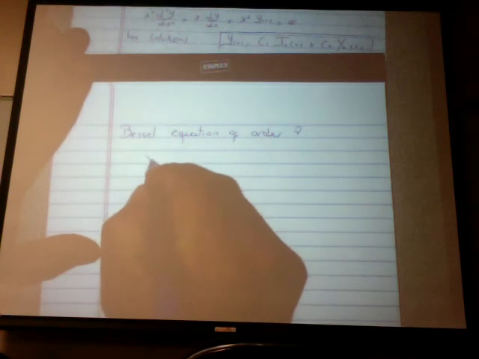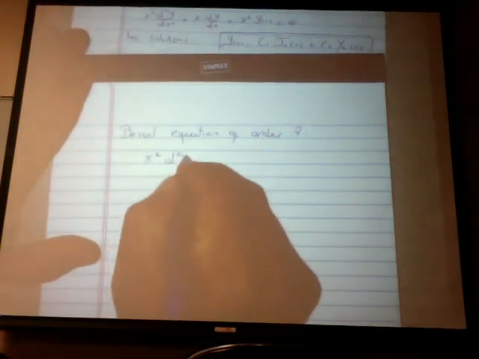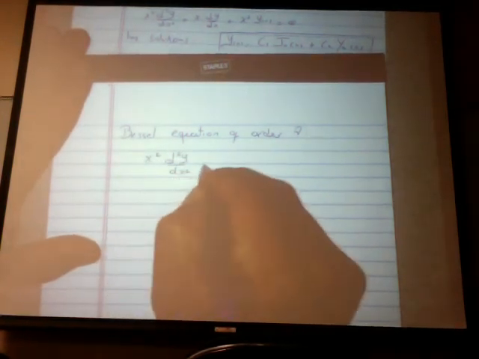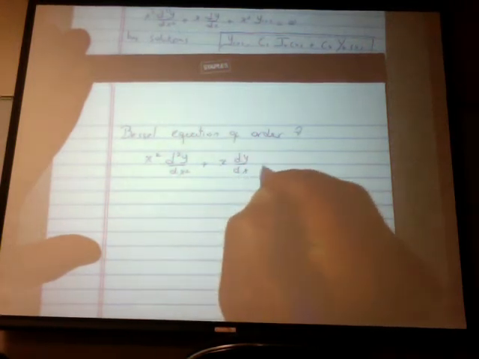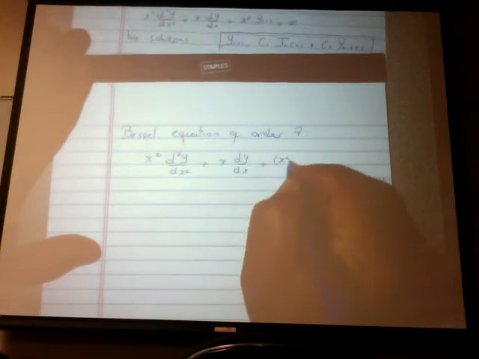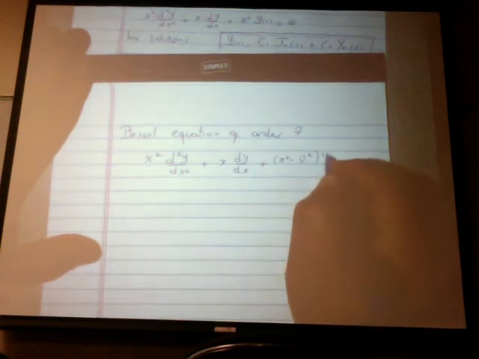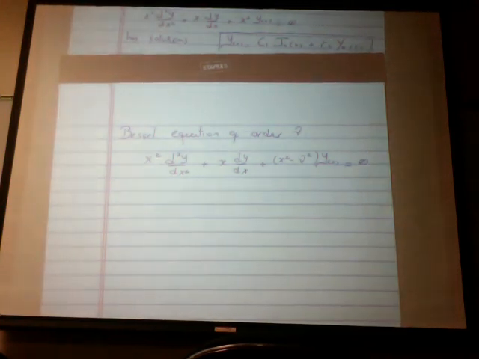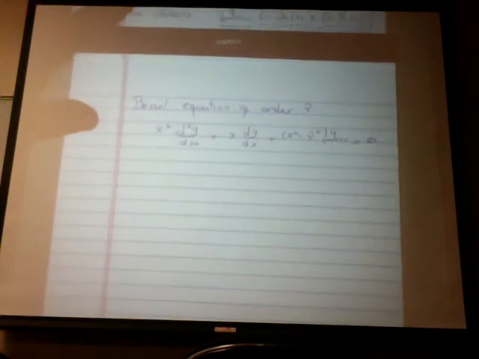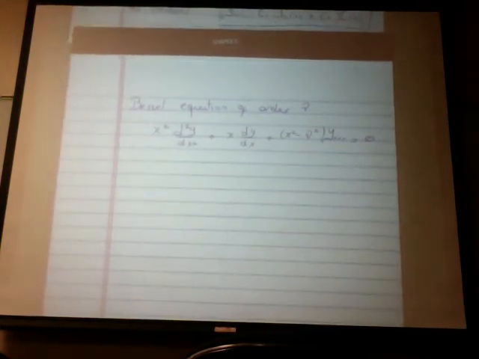It's still a second order ODE, variable coefficient. That's a Bessel equation of order nu. Just adding that minus nu squared on the right hand side will make this the Bessel equation of order nu.